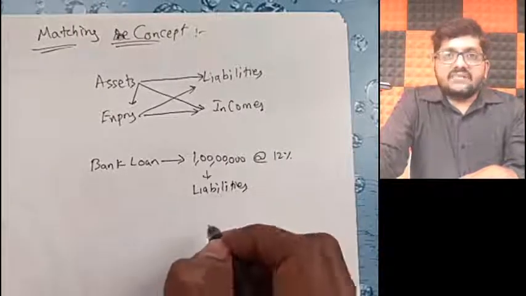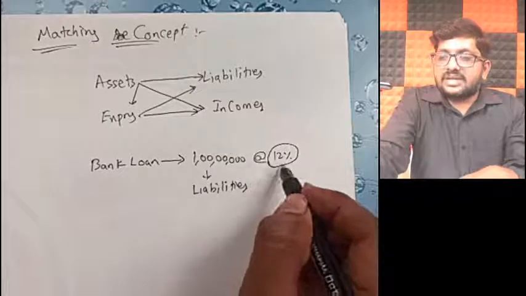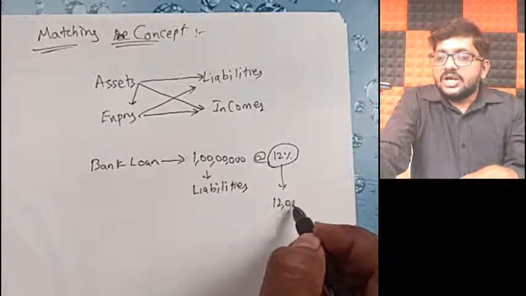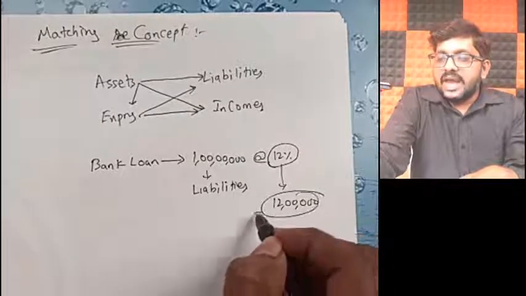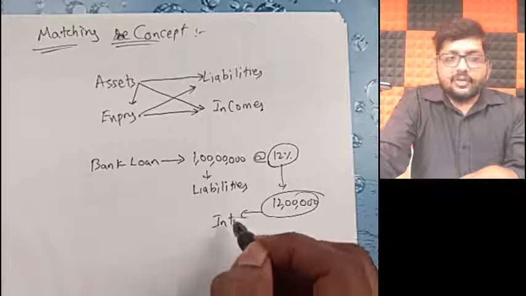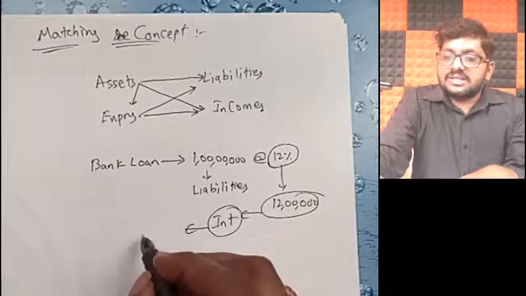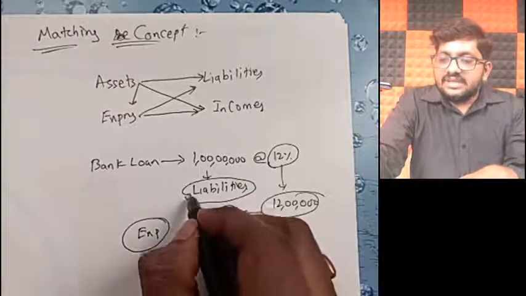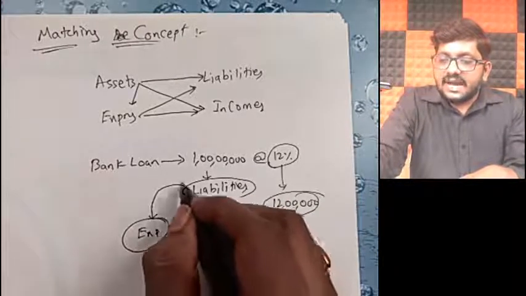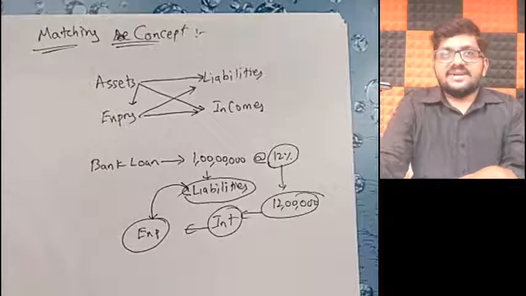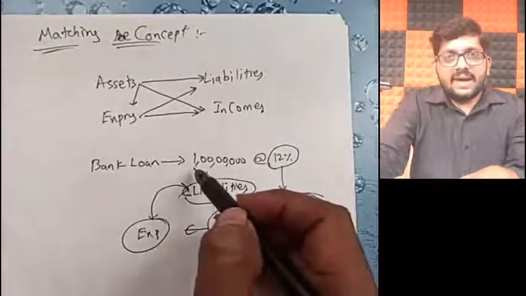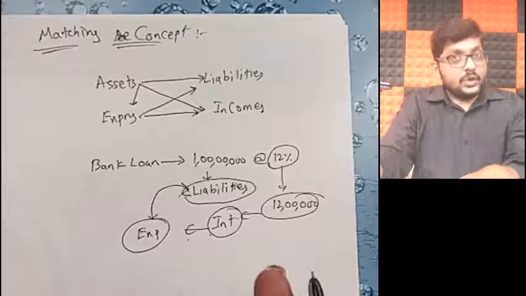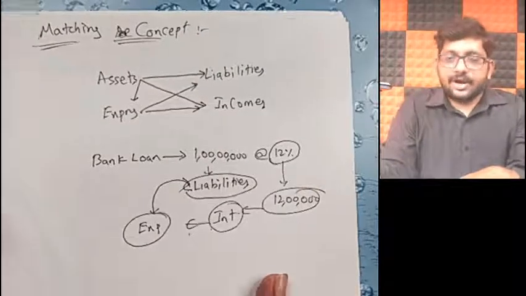But because you have a liability, you are supposed to pay an interest of 12%, which means 12 lakh rupees you have to pay in the name of interest. What is this interest? It is my expense. If you observe, where there is a liability, there is a matching expense. Because you have taken a bank loan, there will be an interest. You can match it. Got it?